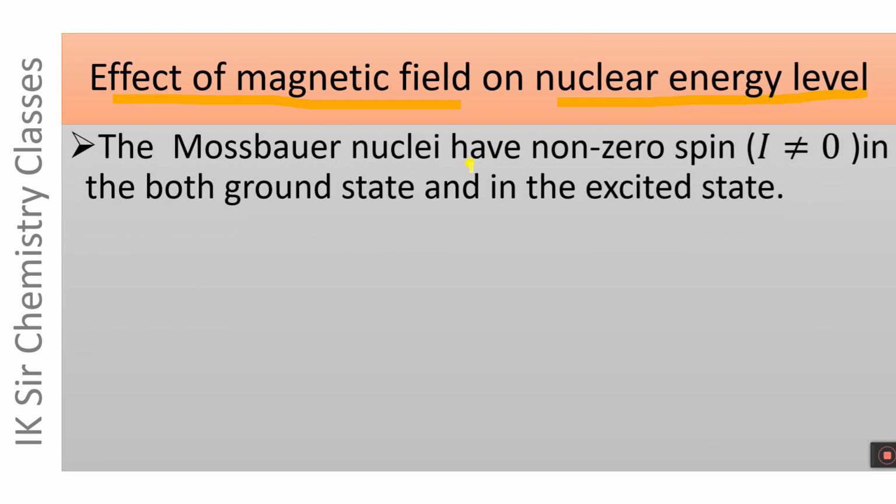The Mossbauer nuclei have non-zero nuclear spin, that is, I is not equal to 0, in both the ground state and in the excited state.